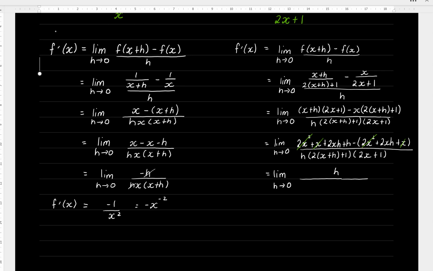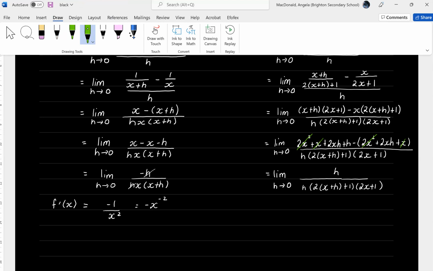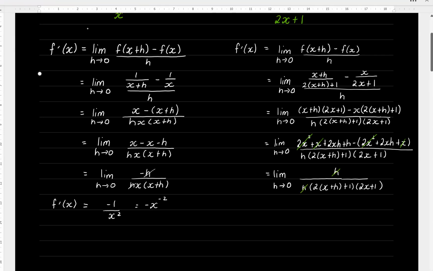So we've got h times 2x plus 1 times 2x plus 1. Okay, we can see that, yes, we can cancel out our x's. Cancel out our h's there.